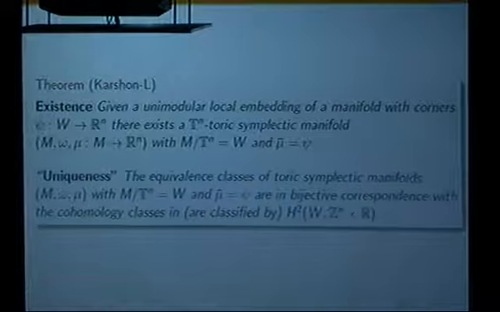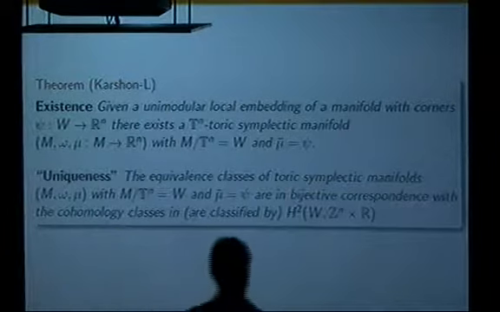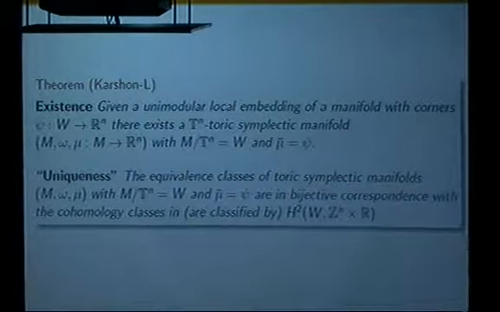And then there is uniqueness. And uniqueness is in quotation marks because you don't have uniqueness. What you have is a classification of all symplectic toric manifolds with a given unimodular local embedding. And so the manifolds are classified by this collection of cohomology classes. There's a bijection.